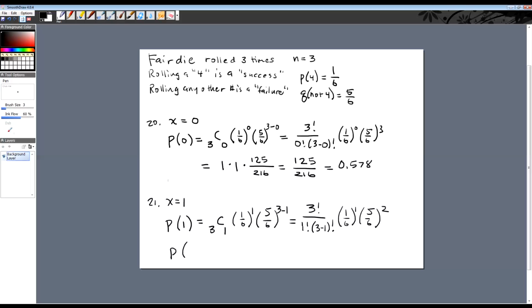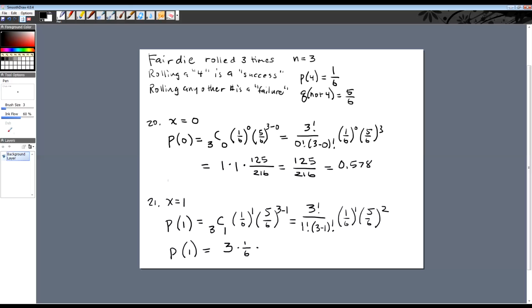So the probability of one success is 3 factorial divided by 2 factorial, which is just 3 times 1 over 6. 1/6 to the first power is 1 over 6.